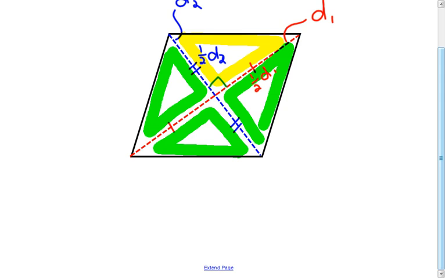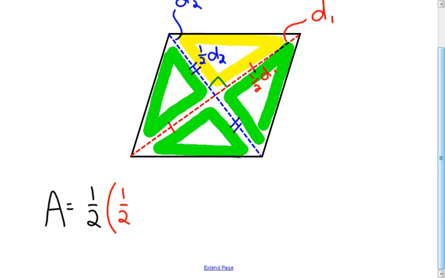So I'm going to do, for my rhombus, area equals, and I'm going to find the area of one of those triangles, so 1/2 times the base, and being my blue segment and my red segment are perpendicular, it really doesn't matter which one I pick for the base. So I'm going to pick the red one as the base. So here's base, and the height.